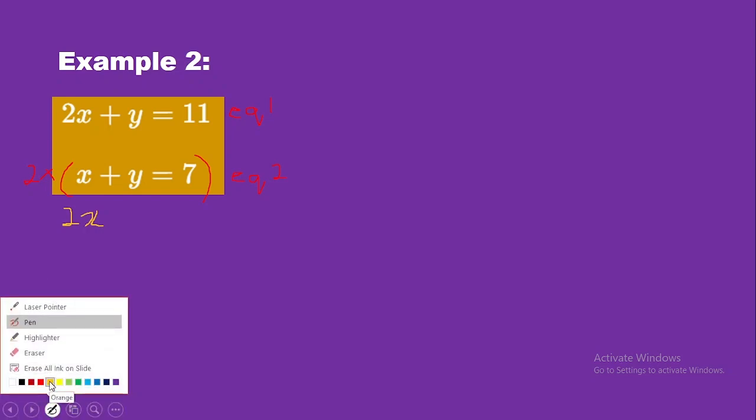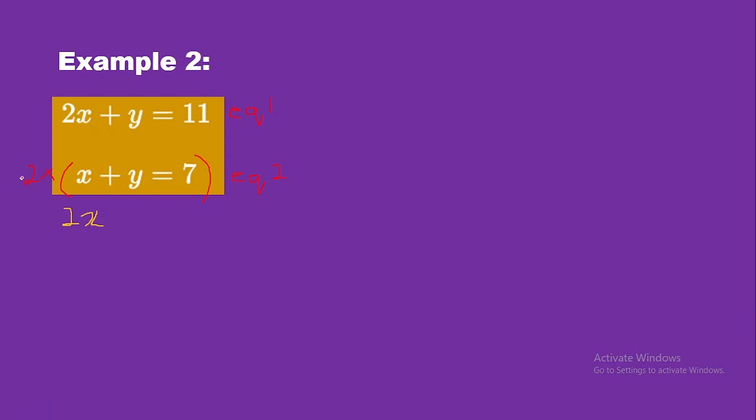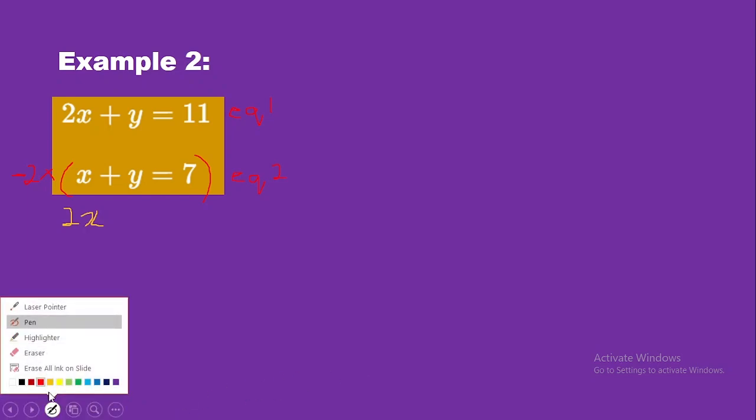I'm gonna multiply my second equation by -2 to ensure that when we add this equation 2 to our first equation, it's gonna be equal to the same. Alright, so let's go, just for the fun of it.